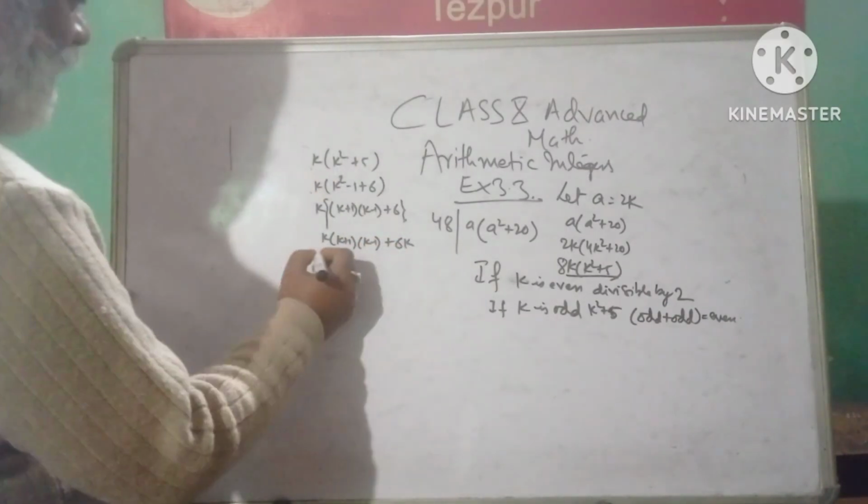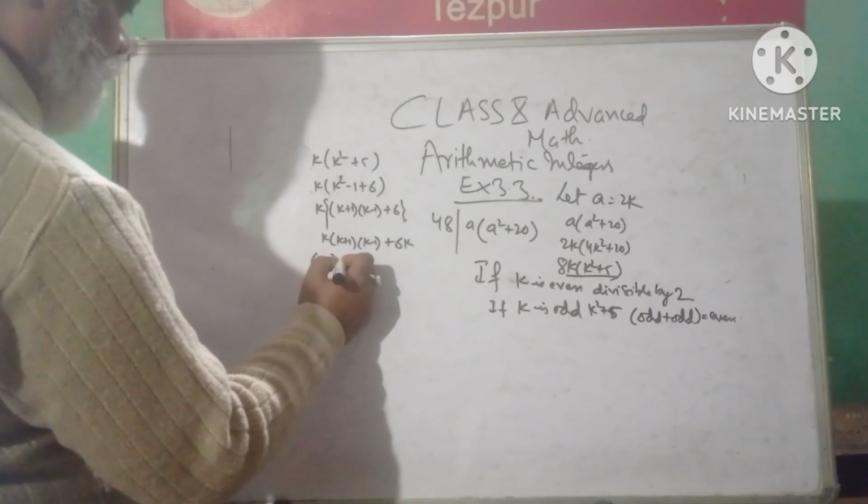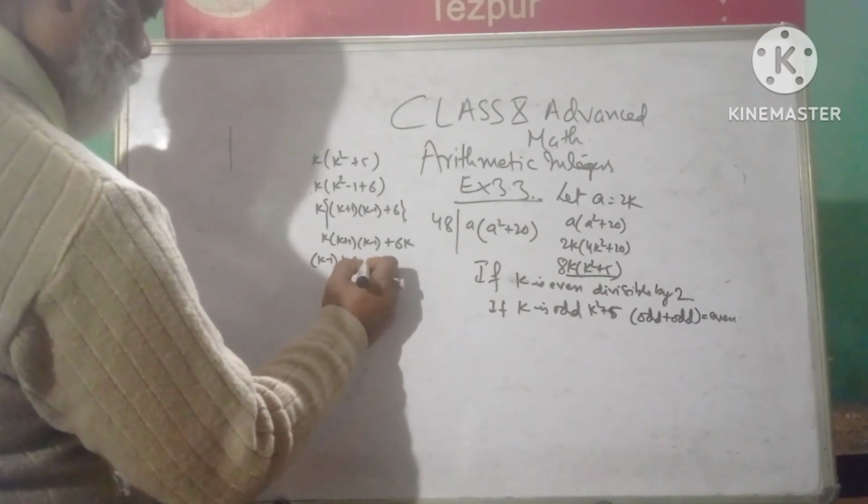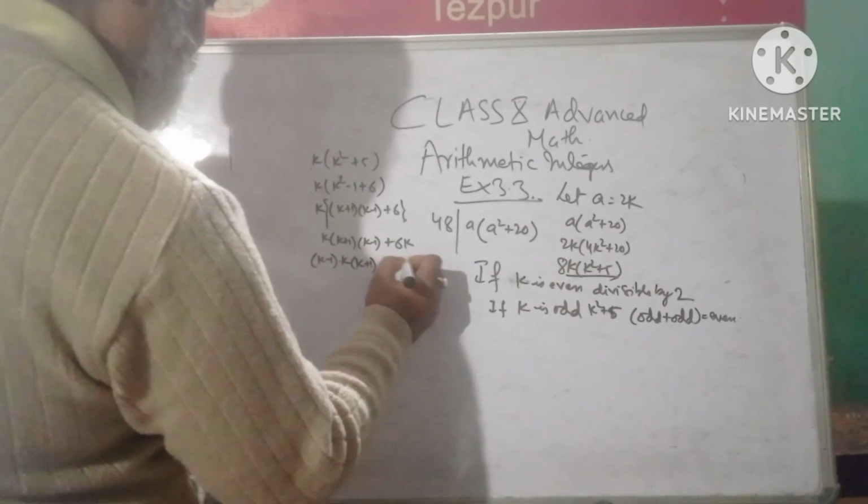You can write like this: k minus 1, k, k plus 1 plus 6k.